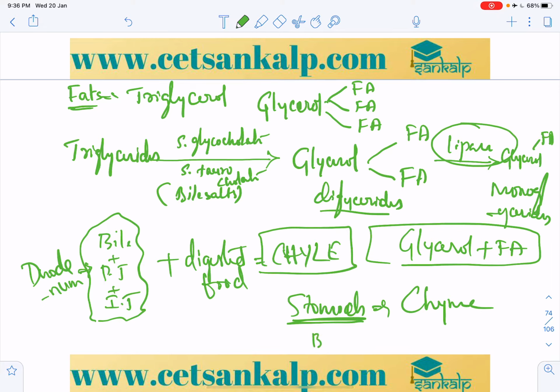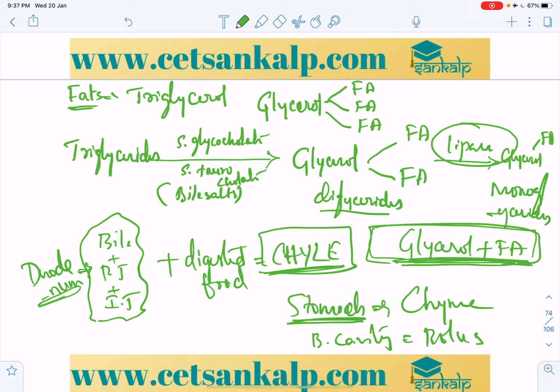In the buccal cavity, it is called bolus. So in the small intestine it is called chyle, which is completely digested food. These are the end products after fat is completely digested.